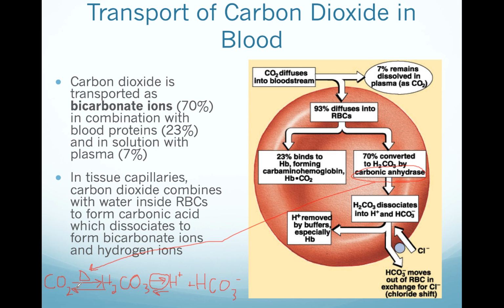So when you first get CO2 in your blood, it turns into this so it could transport. The whole point of this is because CO2 is hydrophobic. It doesn't like to be in the blood, which means it's going to go through this whole process to convert into protons and bicarbonates. These are the forms that will transport from tissues to the lungs.